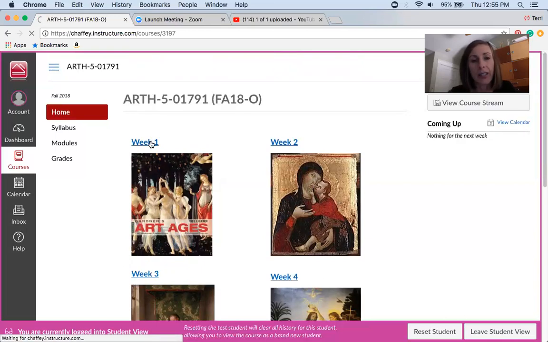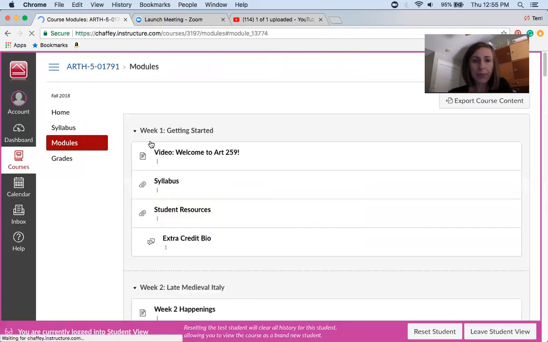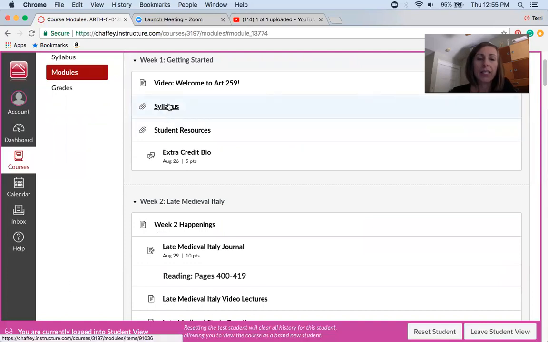Let's start here on week 1, just getting started. At the top here is the syllabus, so let's start there. There's also a ton of student resources. This list here under student resources is also attached to the end of the syllabus. Please, please, please, that's an important link right there.